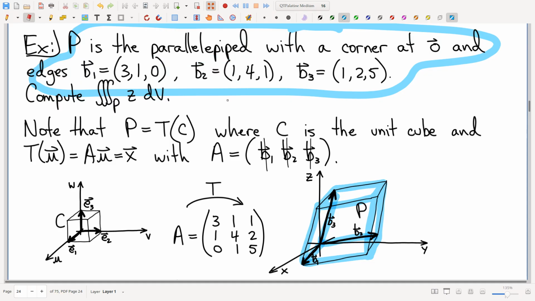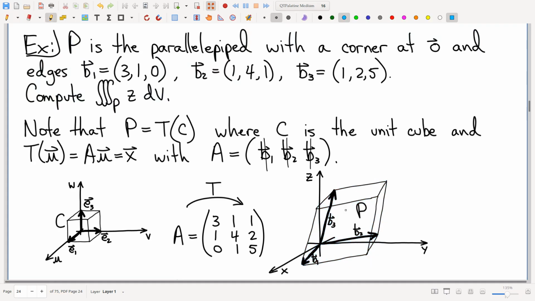Okay, so here's the trick. Cool trick. Wish I'd thought of it. Again, somebody showed me this when I was about y'all's age. Great trick. When your domain is a parallelepiped, take those given edge vectors, make those the columns of a matrix.